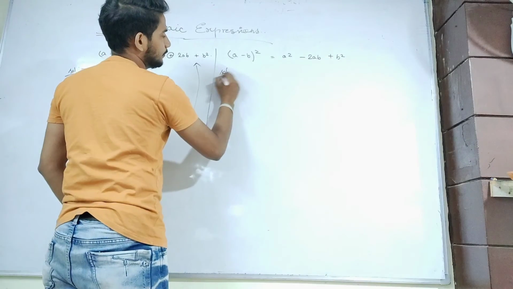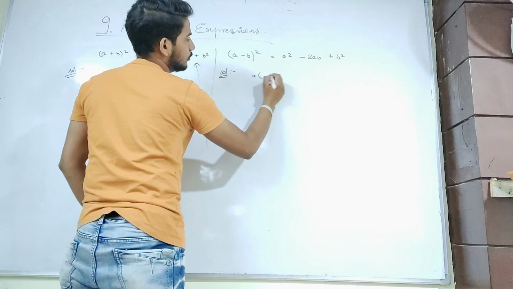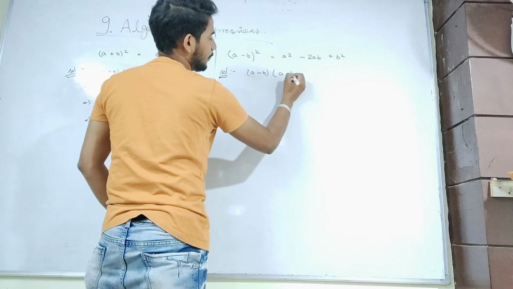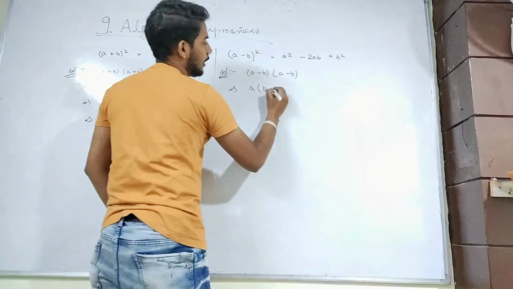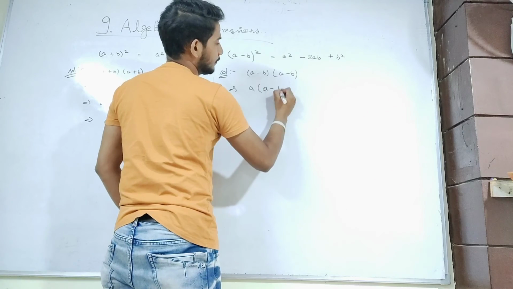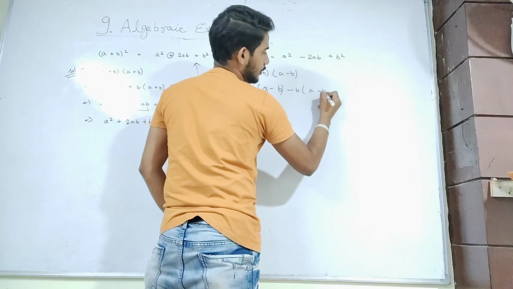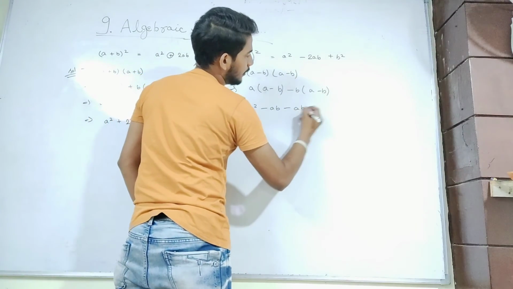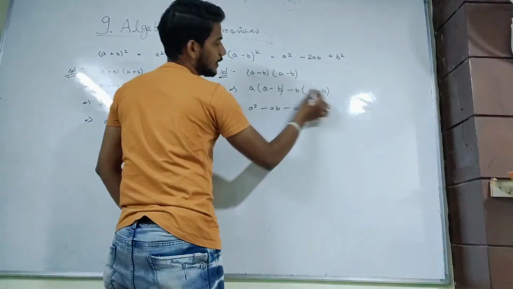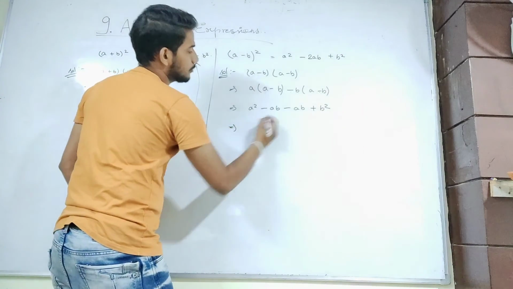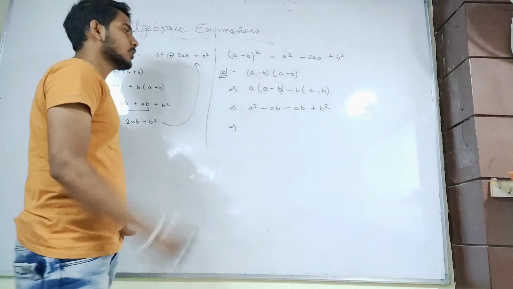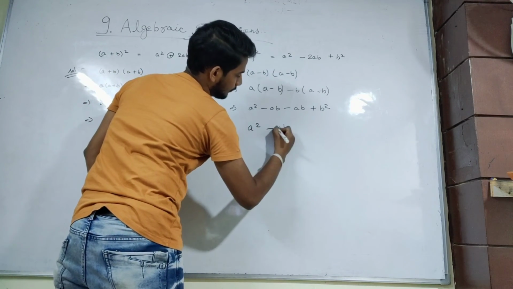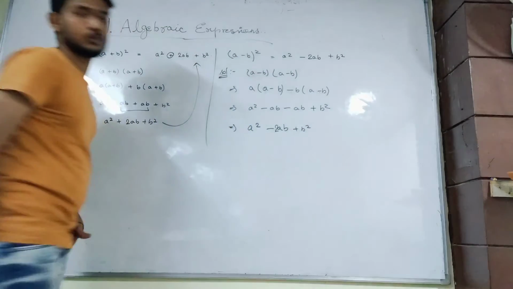The solution of this is a minus b into a minus b, then a multiplied by a minus b, minus b multiplied by a minus b, then it will be a square minus ab, minus minus will be plus b square. Then both the minus ab terms will be added, because the sign will remain negative only. Then b square.